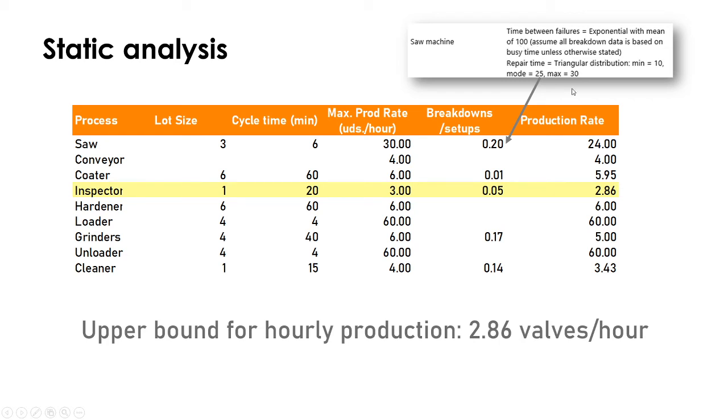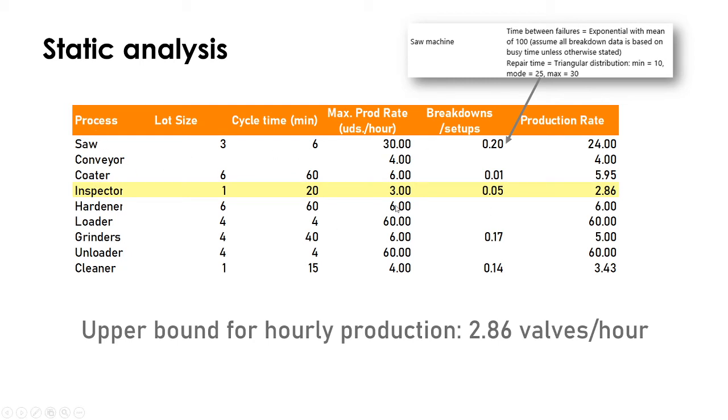So this gives us 20% of the time that is not available for us to cut the bars. So if we reduce the maximum production rate by that percentage, this 30 is converted into 24 valves per hour. We could do something similar for the rest of the processes.